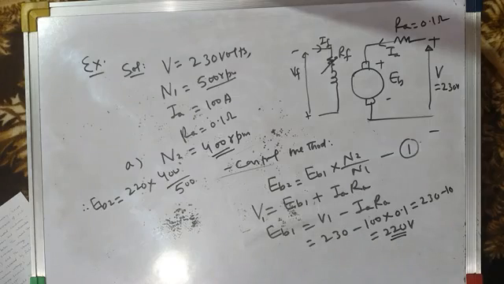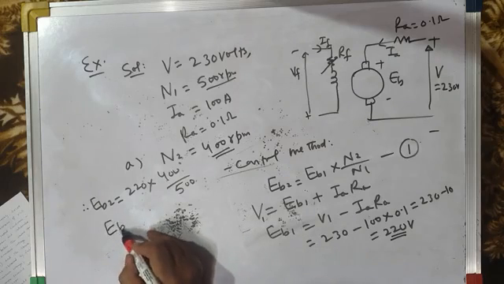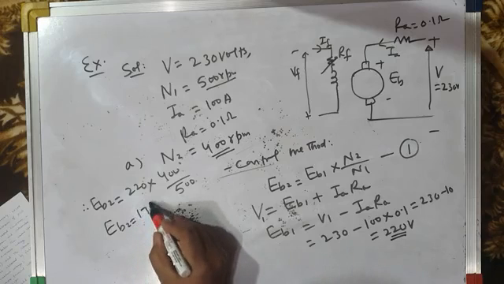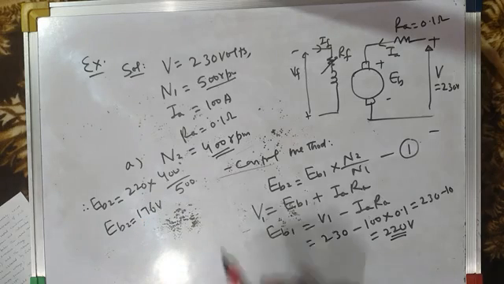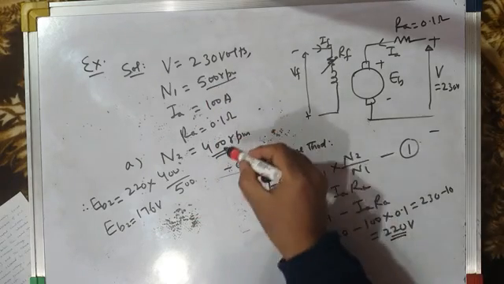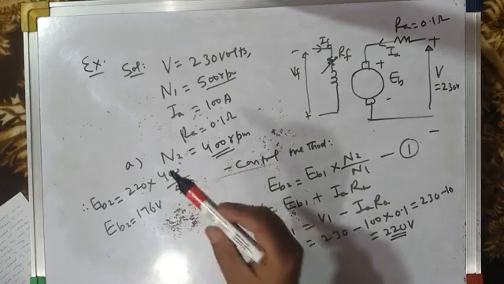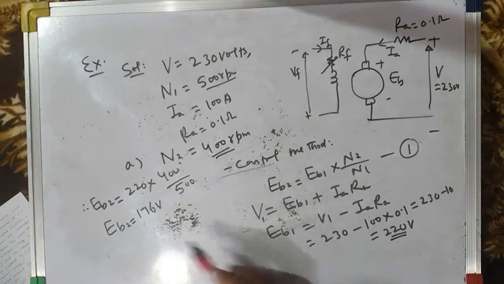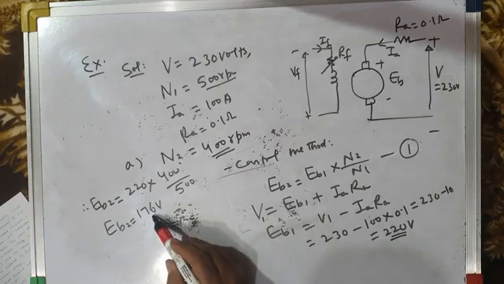So 220 into 400 by 500. I have calculated it. It will give EB2 equal to 176 volts. At 500 RPM, the back EMF is 220 volts. At the reduced speed of 400 RPM, the back EMF obviously also reduces, from 220 volts to 176 volts.